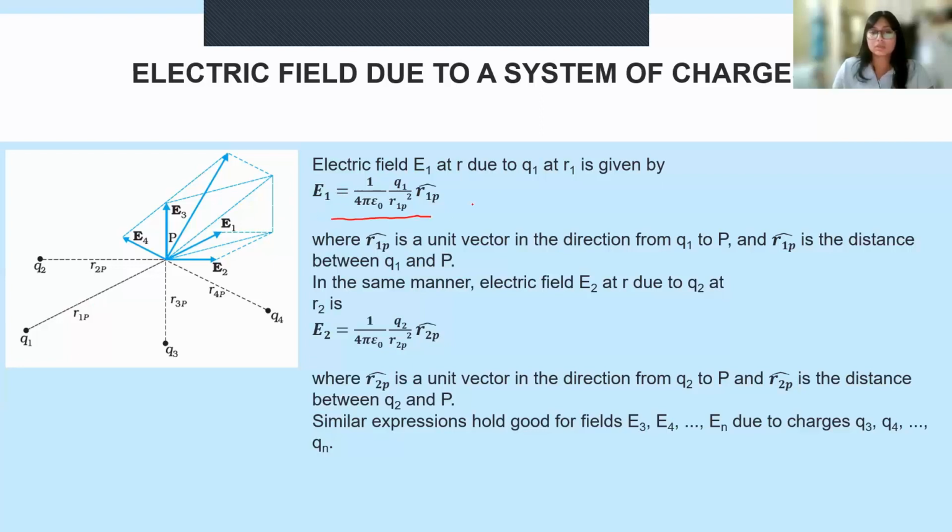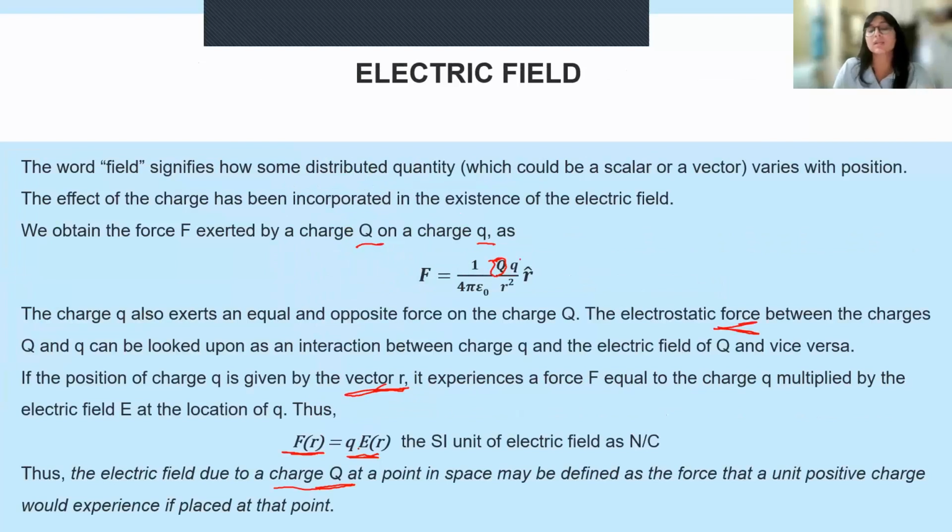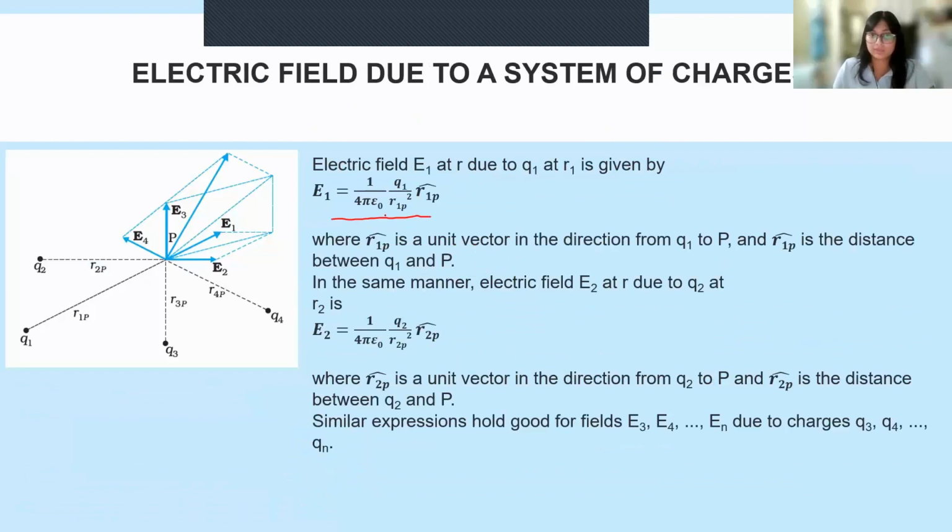Coulomb's law is going to give you the force, and the force is given as the product of q and E. So using this equation and Coulomb's law we get the force, and then with this equation we are going to develop the equation of the electric field, where this is the unit vector in the direction from Q1 to point P. Sorry, there should not be this unit vector sign over here. This is R1P, the distance between Q1 and P.